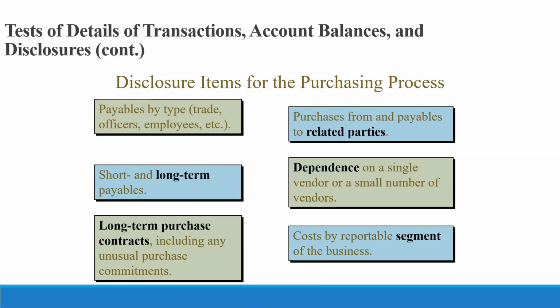Sometimes it could embed a lot of hidden conditions in this contract, and misstatement or fraud could exist there. So if you notice there are long-term ones, at least in your first year of audit, you should have a good look at that.